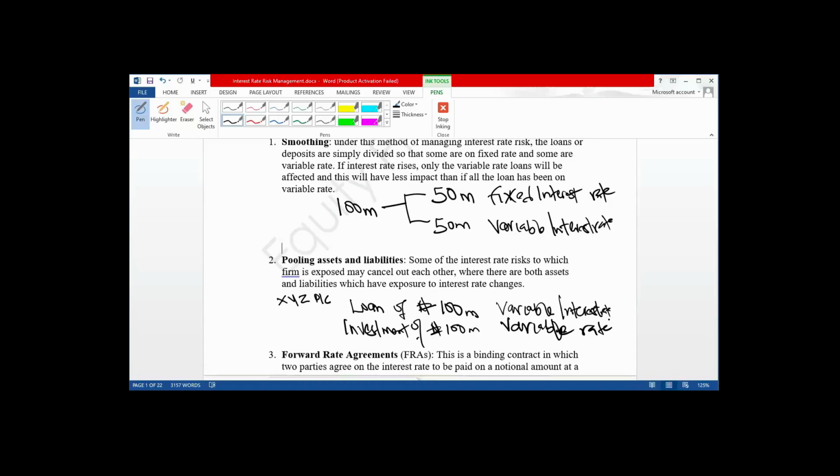When you borrow money, you are not using that money for investment. You are using that money for your business. But please remember, the fact that a company is borrowing money does not mean the company does not have cash.